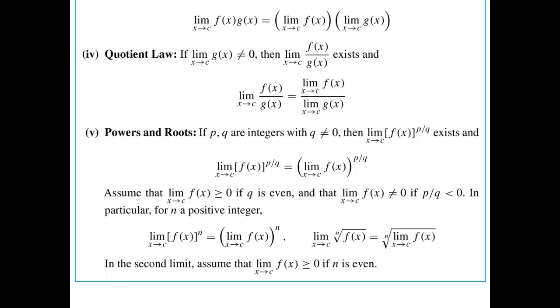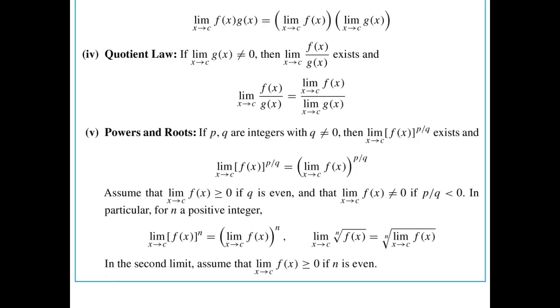Then the limit as x approaches c of alpha of x raised to the nth power is the limit as x approaches c of alpha of x raised to the nth power. In other words, if p over q is a positive integer, this is true for anything as long as q is not 0. It's certainly true if n is a positive integer, if p over q is n.